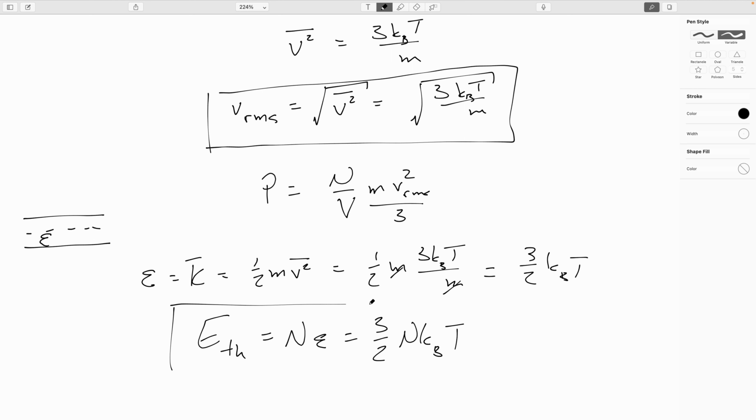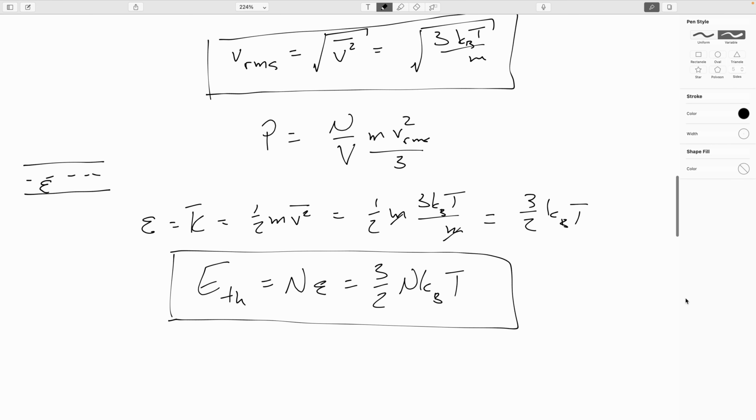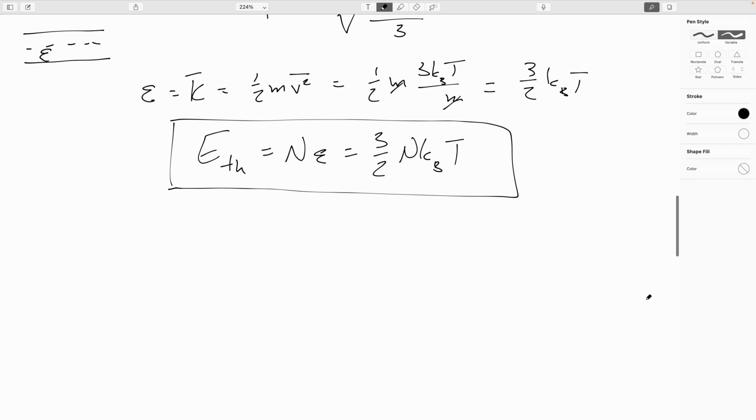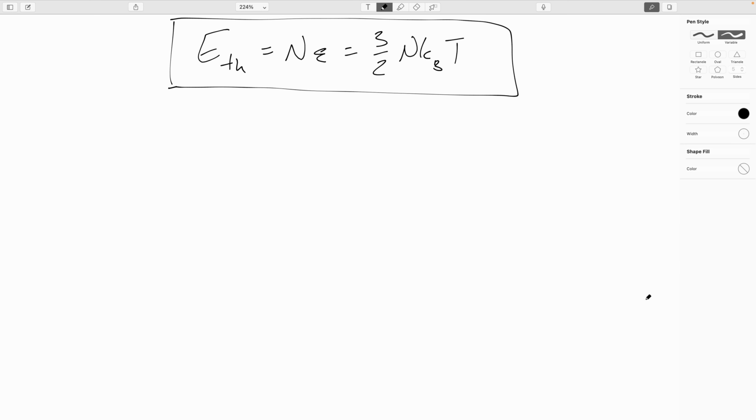So the thermal energy of an ideal gas is 3/2 NkT, and that's N times the average kinetic energy of one molecule. Now, because it's an ideal gas, we're thinking about non-interacting tiny billiard balls, so there's no potential energy to worry about. That's going to give us a quirk that we'll have to think about in the next video, but we'll hold off on that for the moment.